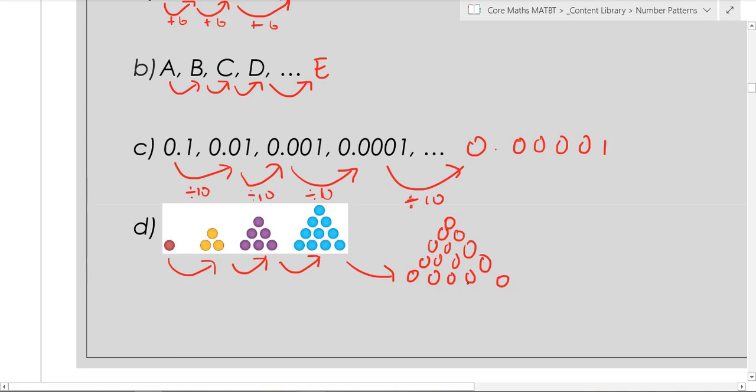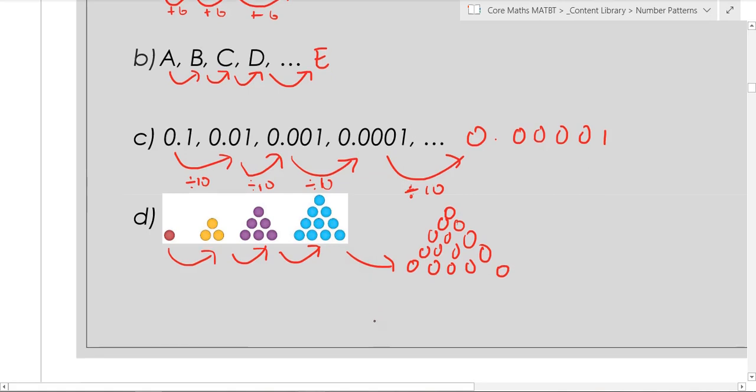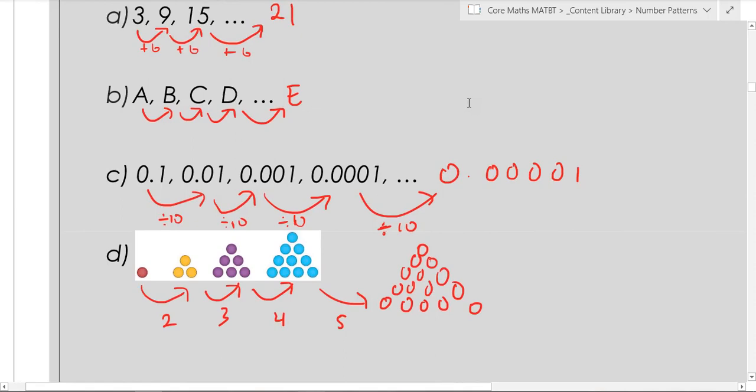It'll have 5. Okay, so that's the next in this pattern. I can see here it's adding 1, adds 2, adds 3, adds 4, adds 5. Okay, to get the next term. Okay, so that's basically the patterns for these sequences.